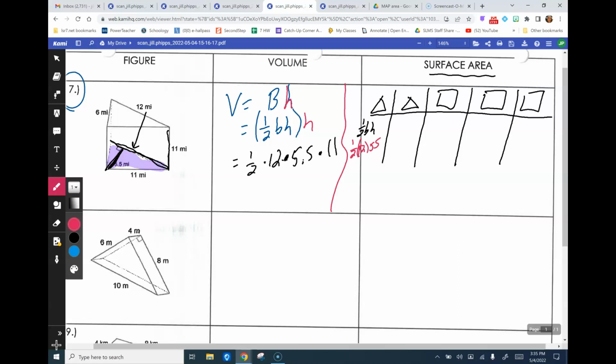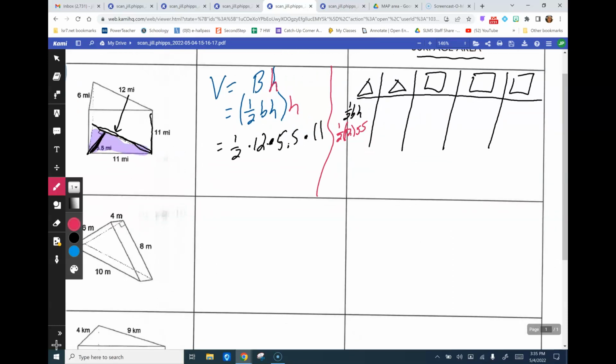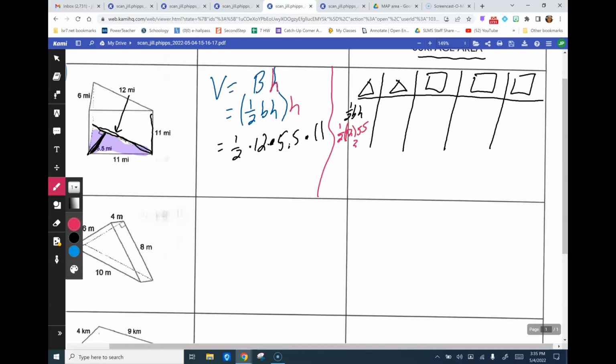Okay, so I take 1/2 times 12 times 5.5, and I get 33. Now, how many bases do I have? Well, I have 2 of them. So that's 33, and we're going to eventually add all of these amounts across there.